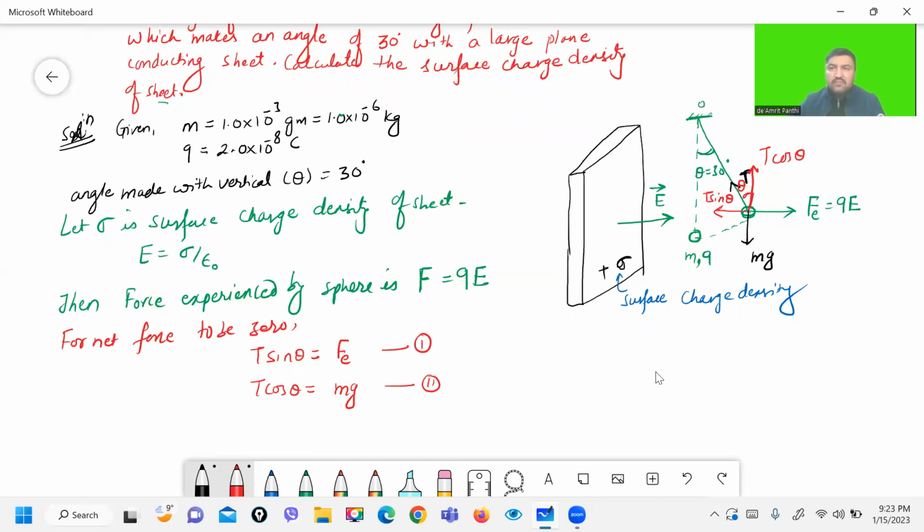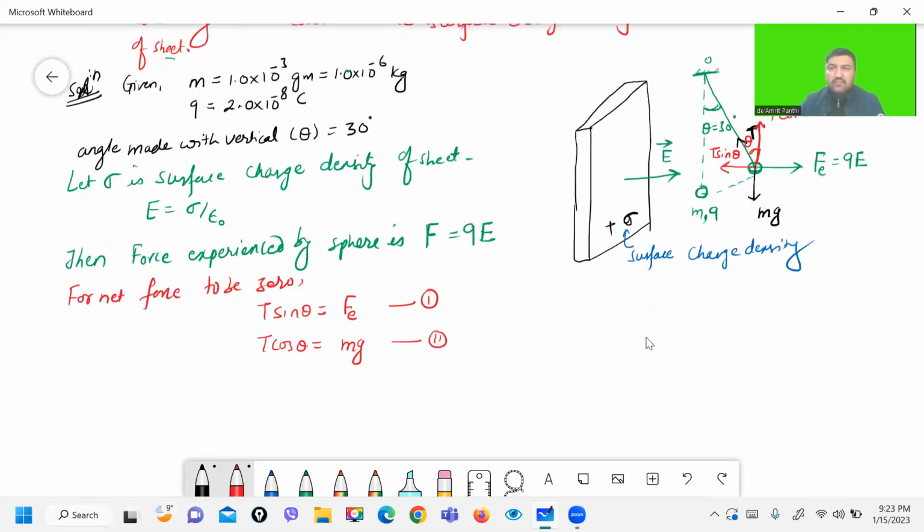Now let's solve these equations. Dividing equation 1 by 2, we get tan theta equals Fe by mg. From this equation we can write Fe equals mg tan theta.